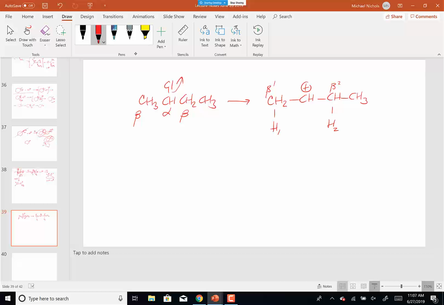And what can happen? I could lose beta hydrogen 1, so this pair of electrons can go to form the double bond. And if I lose beta hydrogen 1, I'm going to form the double bond to the CH2. I can call this product A or product 1.